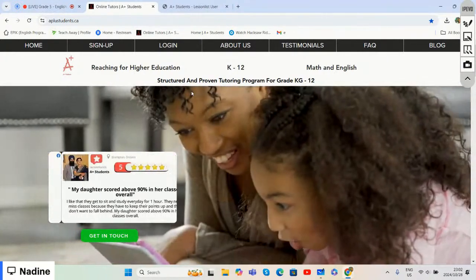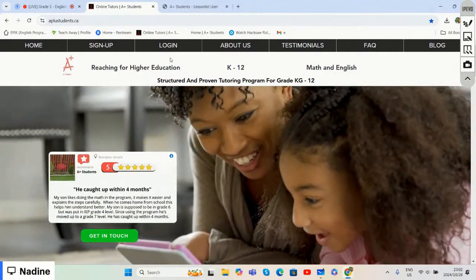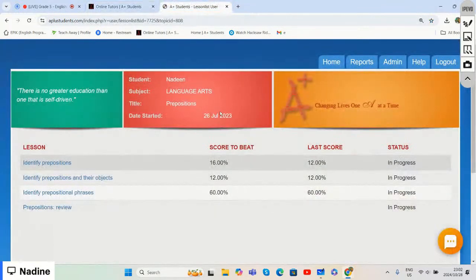We're doing grade 5, and then we're going to scroll down until we get to the chapter of prepositions.